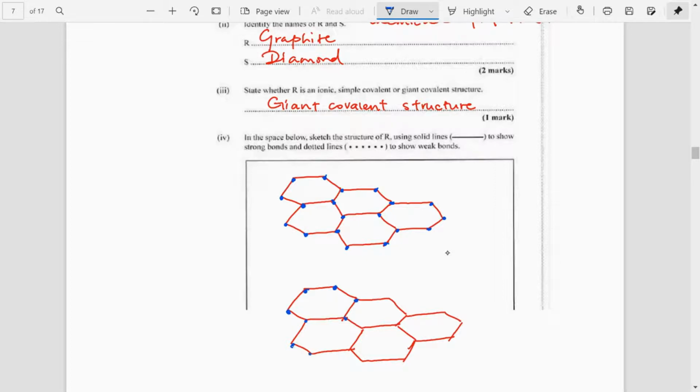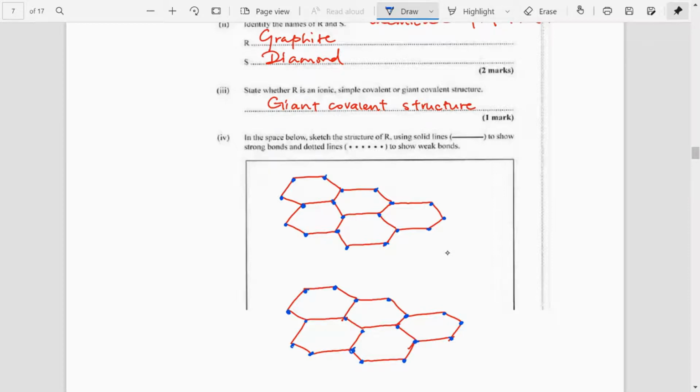And each layer is bonded via van der Waals forces.